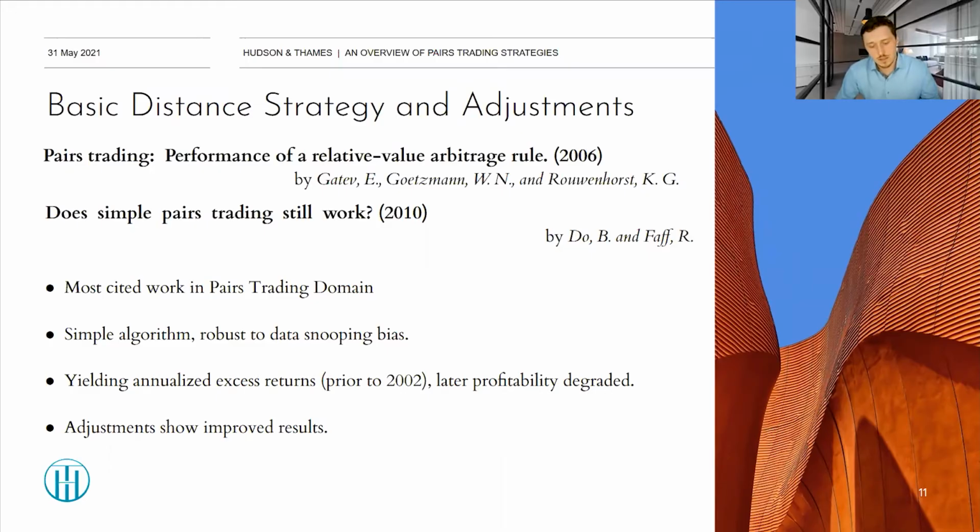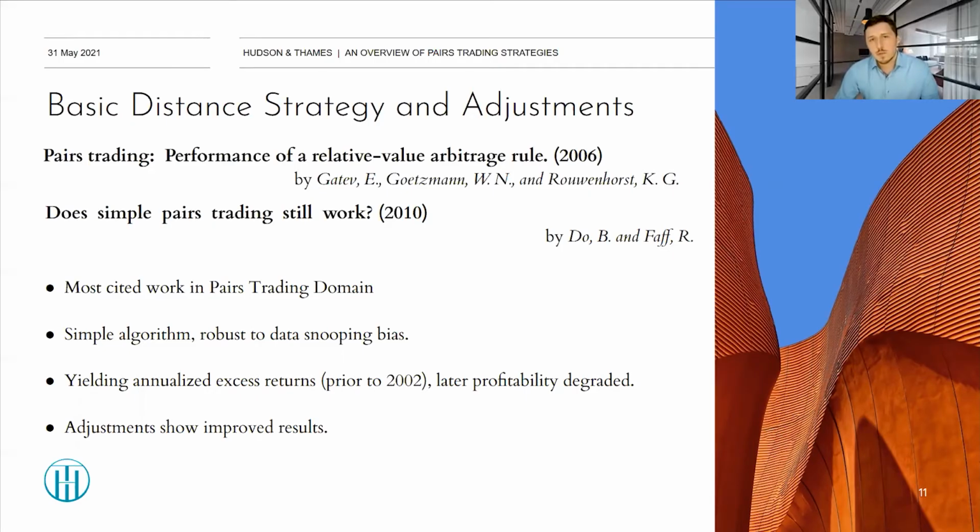Since a whole basket of stocks was picked for the original strategy, it was robust to data snooping, and it produced a great discussion in the field, and a lot of subsequent papers went out to either empirically test the result or determine what is the nature of those returns.